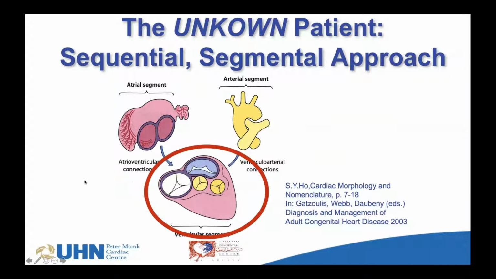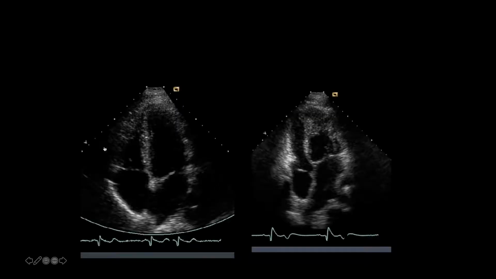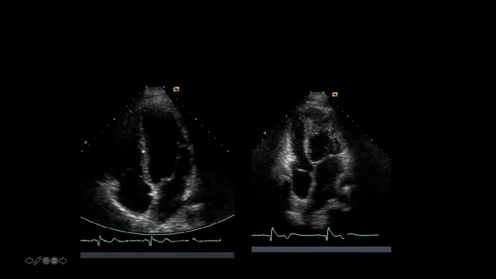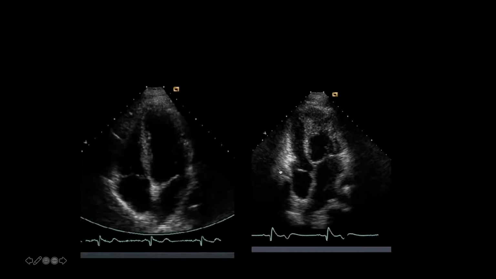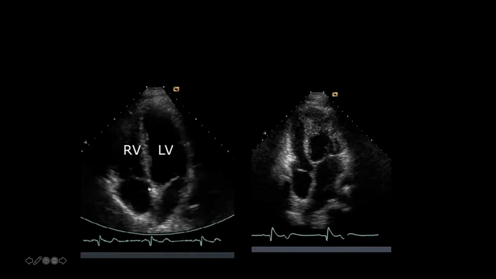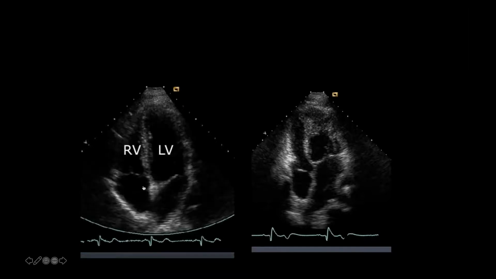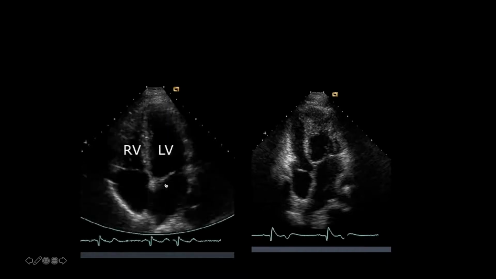We need to identify the ventricular segment. So here in the apical four-chamber view, the question is which ventricular chamber is the left and which one is the right one. So what we do, we look at the setting of the AV valves, and the tricuspid valve is more apically positioned than the mitral valve.